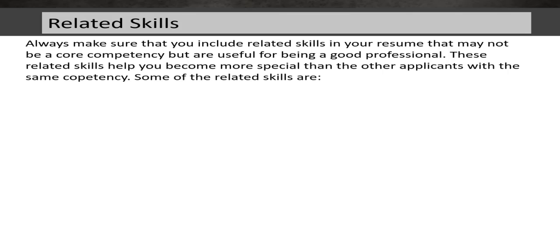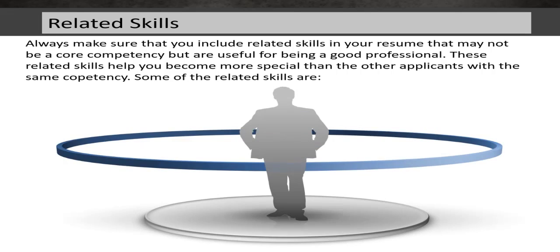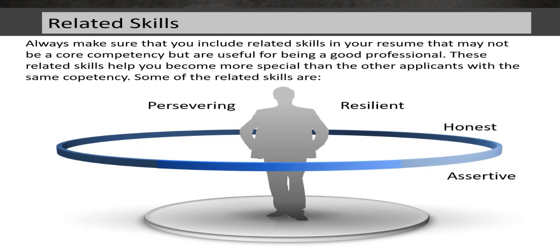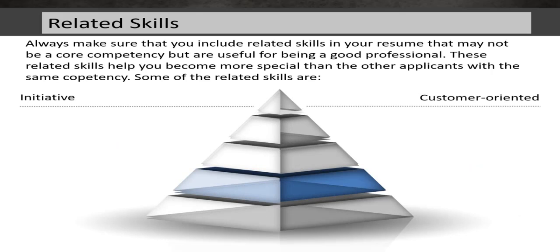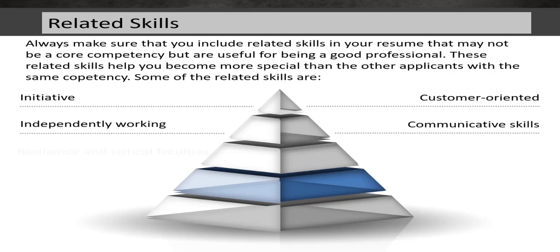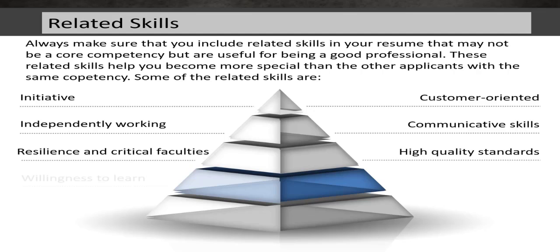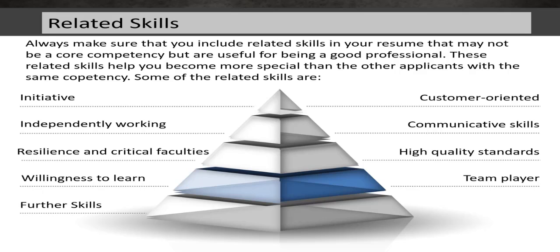Some of the related skills are persevering, resilient, honest, assertive, emotional, patient, self-confident, able to take criticism, initiative, customer-oriented, independently working, communicative skills, resilience and critical faculties, high-quality standards, willingness to learn, team player, further skills, organizational strength.